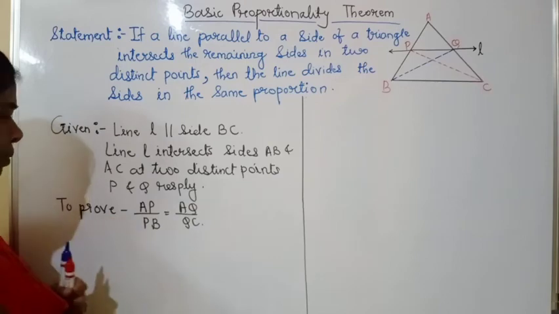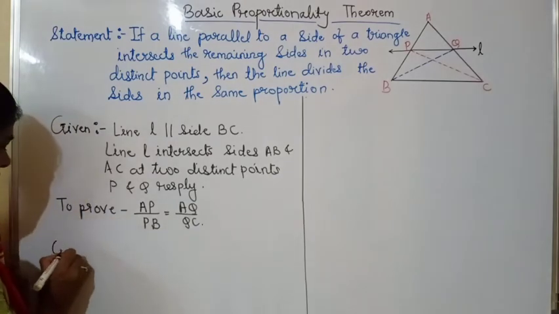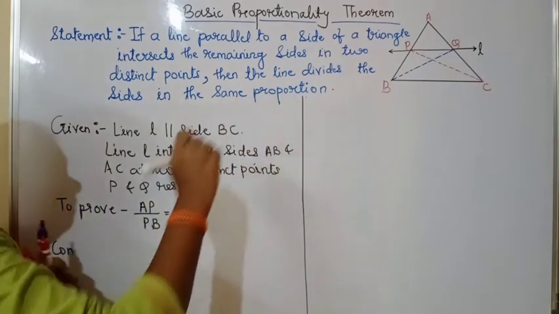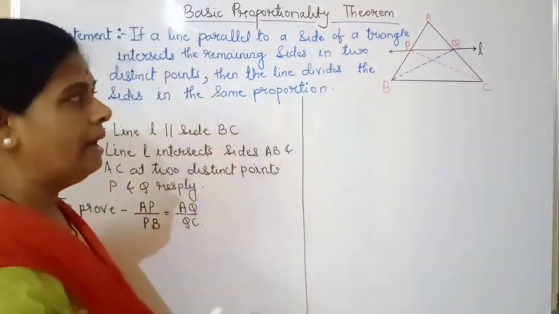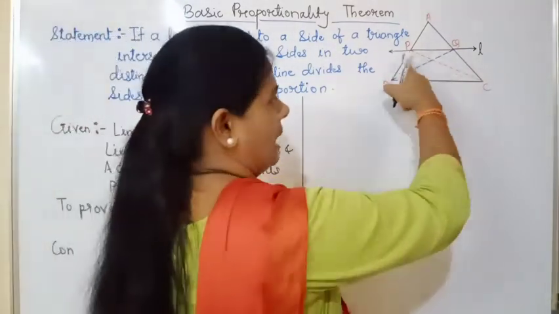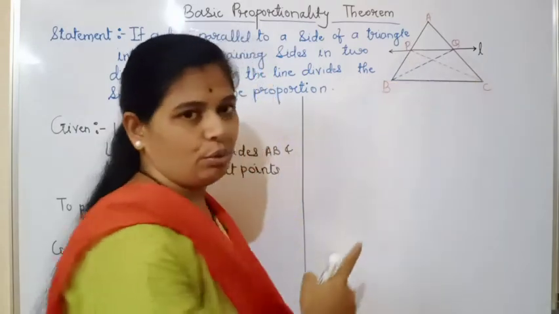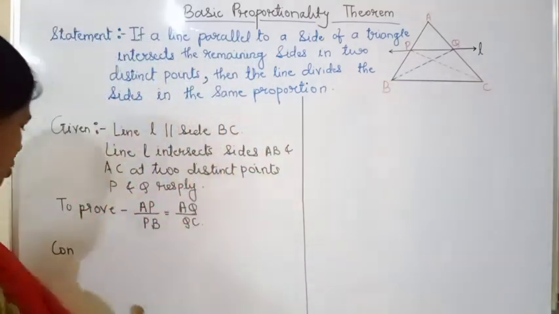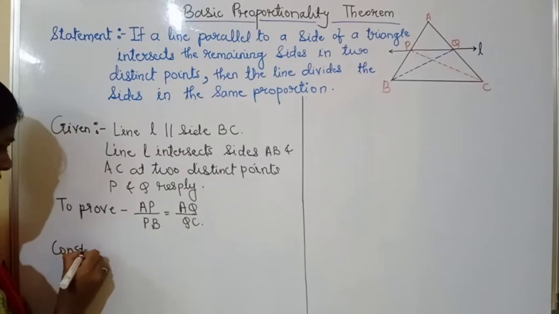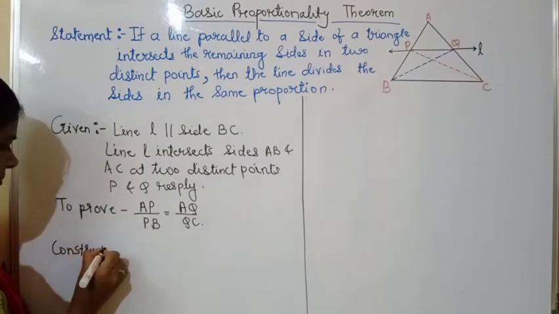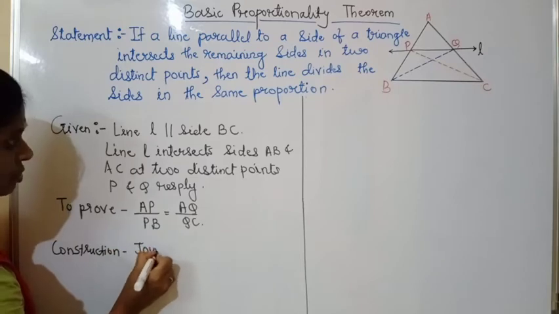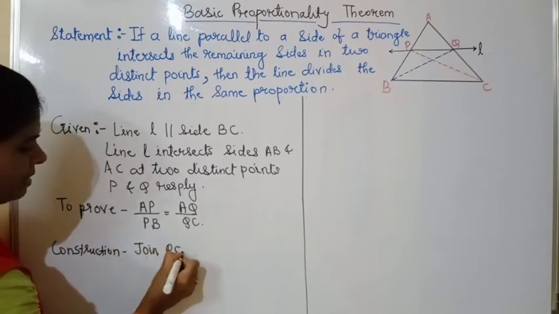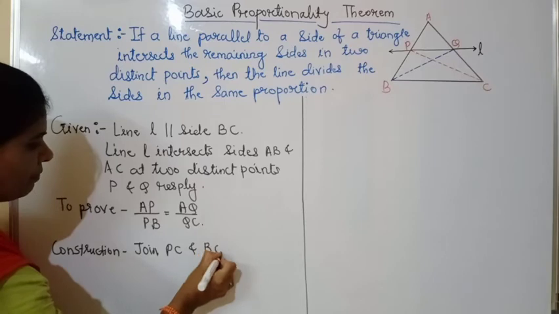Now one more thing we have done: in the diagram I have drawn two dotted lines, that is PC and BQ. This is our construction, and we will write in the construction: join PC and BQ.